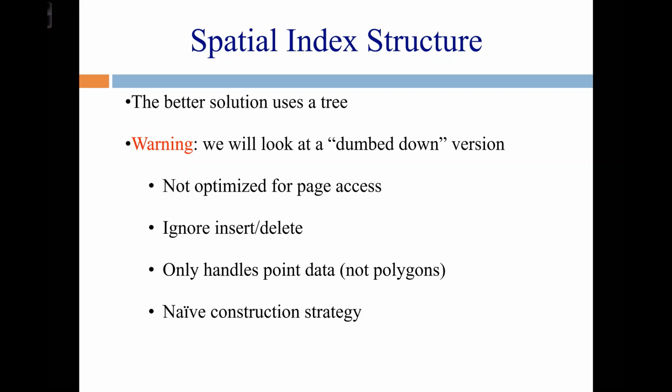Because first you just have to get the basic concept of what it's doing, and then it gets a little more complicated to do things like optimizing for page access, like a B tree does. You want the nodes to be page sized. We're also going to ignore insert and delete. We're going to assume we have all the points we're interested in and then build the data structure around that. We're not going to handle polygons, only points, and we'll just do a basic construction strategy.